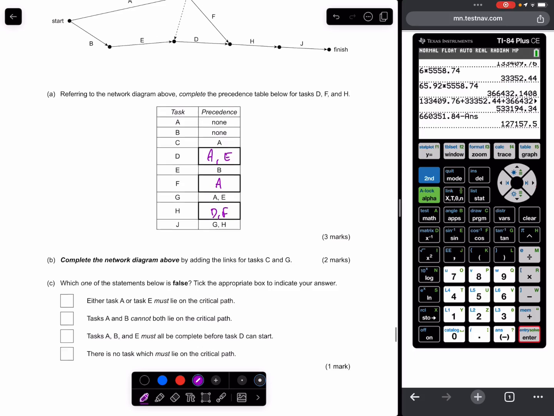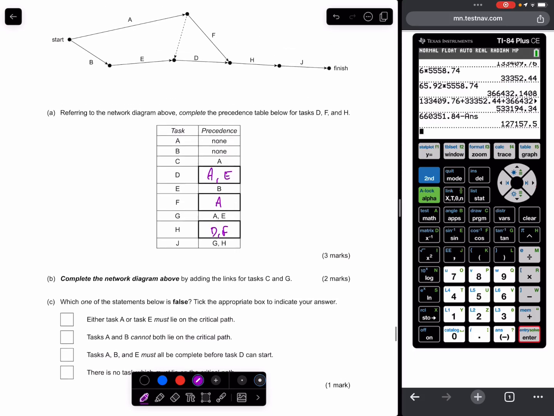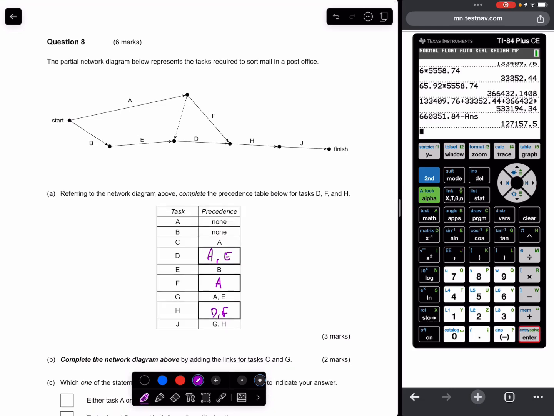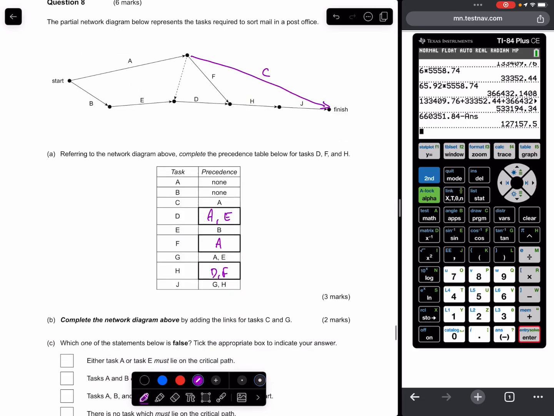Complete the network diagram above by adding the links for tasks C and G. C requires A. And C is not a prerequisite of anything, so it goes straight to the end.